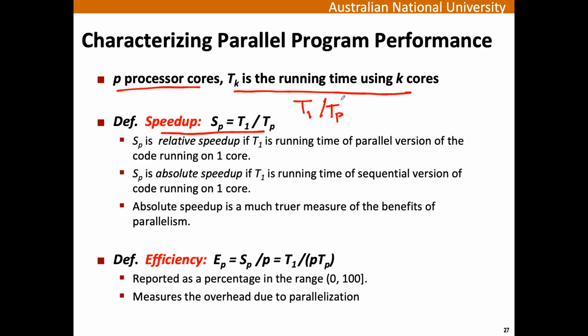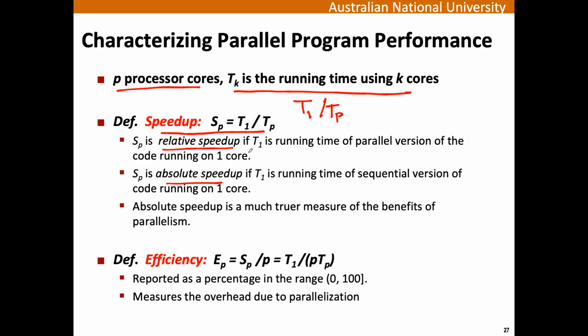Now, what's the difference? Why is there a difference? What's the problem with just using a parallel version and running it with one thread? The parallel version has P and V operations. We still have to pay for these operations. So there are two types of speedups: relative speedup and absolute speedup.